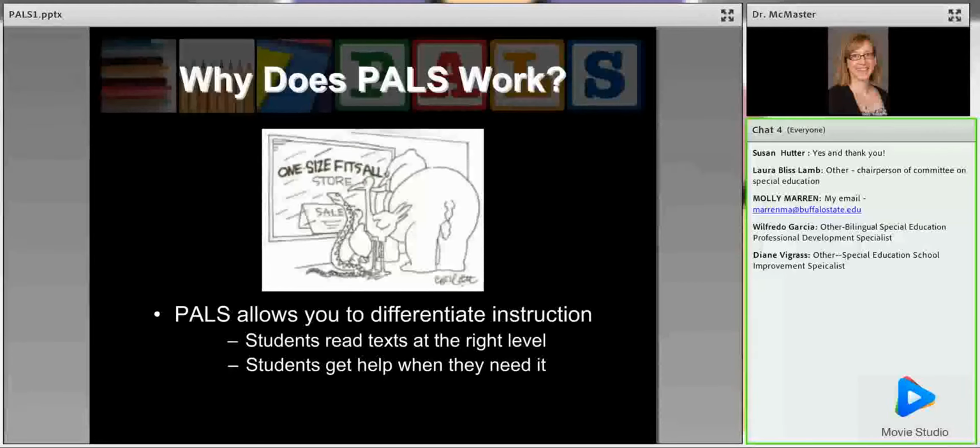And that's really important because when students make mistakes when they're reading, we know that if they don't get immediate feedback and corrective help, they will continue to practice essentially the wrong information. And the more you practice things in an inaccurate way, the more difficult it is to correct that later on. But when you have a partner sitting there listening to you and helping you as soon as you need it, then you're more likely to be an accurate reader. So that's an important part of the differentiation of PALS.